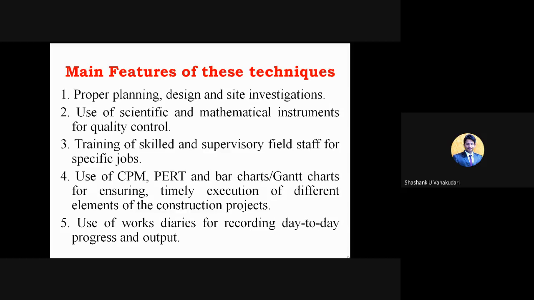And by using network analysis or network techniques such as CPM and PERT and bar charts or Gantt charts, we ensure timely execution of different elements of the construction project. In CPM and PERT, different time estimates will be there, such as a particular activity consisting of start date as well as end date, and total duration also. That we can mention by using a bar, right?